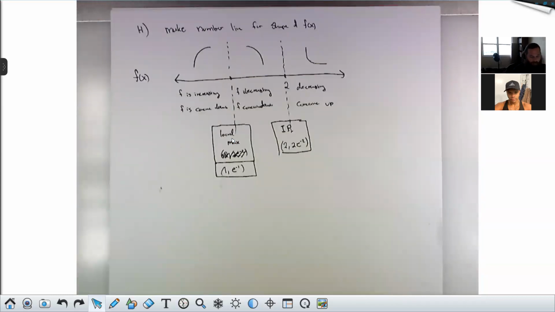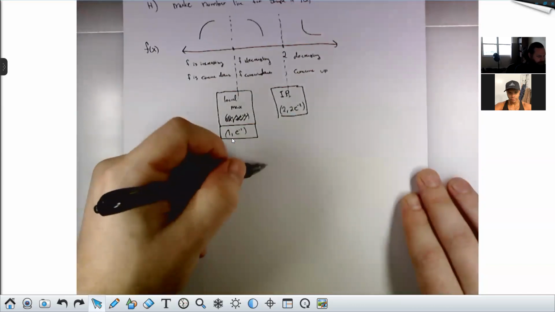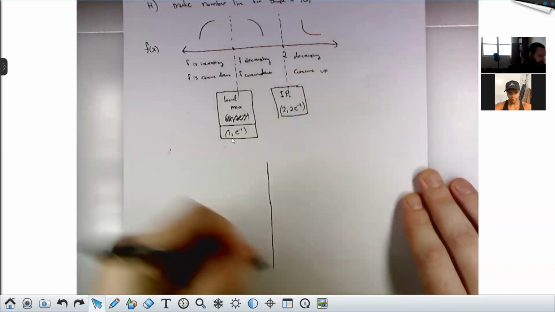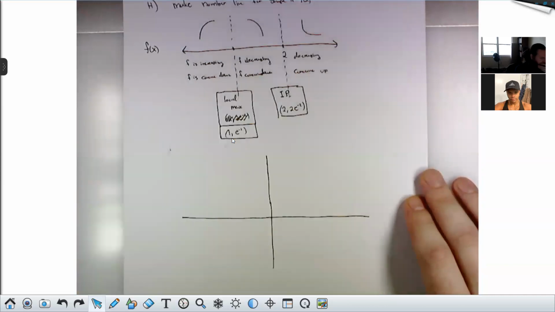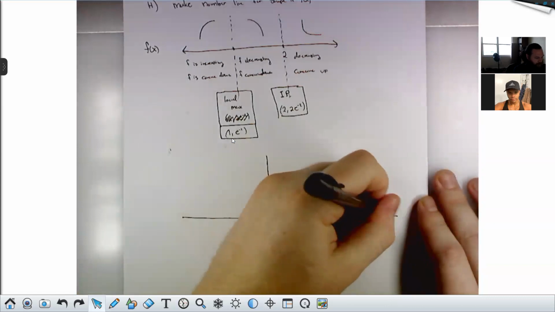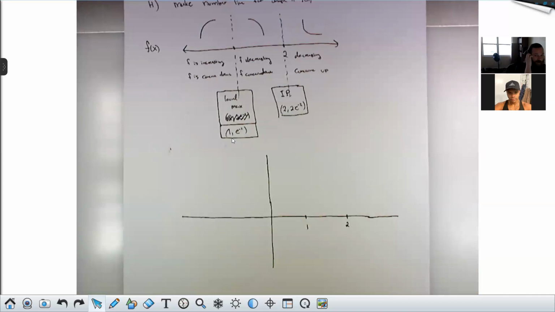And this number line contains all the stuff that we need to draw our graph well, as long as we remember domains, intercepts, symmetry, and asymptotes. So now we're ready to draw our graph. All right, I'm going to mark 1, and I'm going to mark 2, because I know that important stuff happens there.